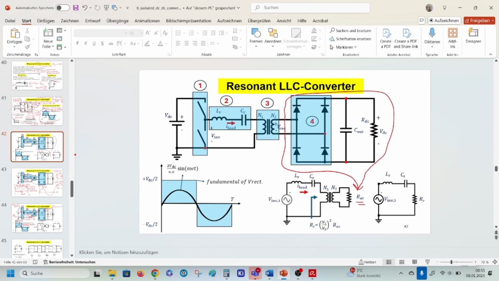I just only have an AC resistance at the output. And if I multiply my AC resistance with the square of my turns ratio, then I get this portion. Now my whole LLC converter model looks like that. It's just a resonant, inductive, and capacitive component plus an output.